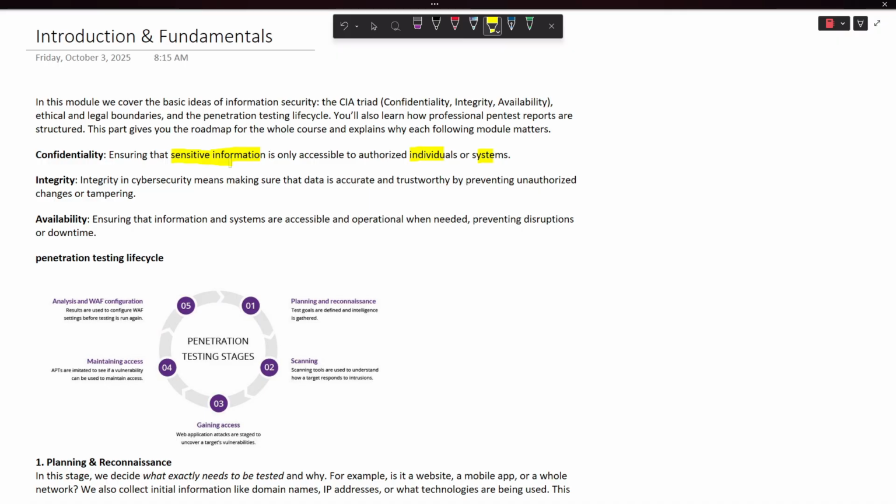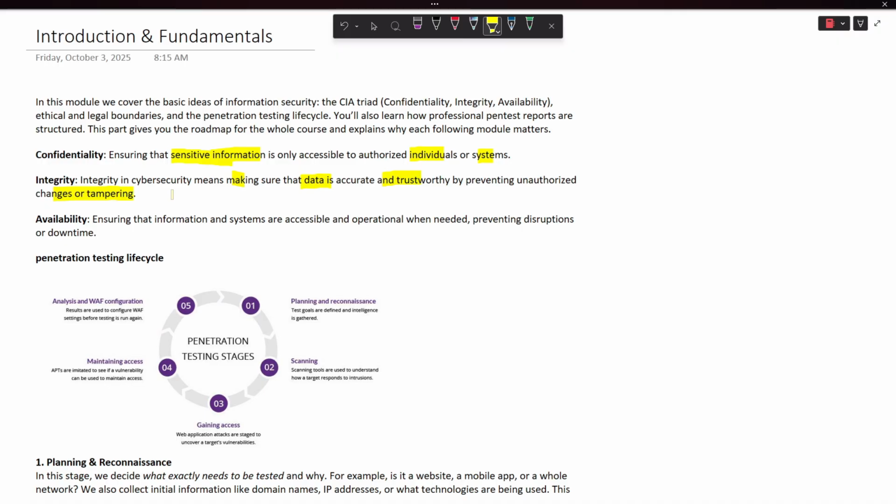There is an issue. Then we have integrity. Integrity in cybersecurity means making sure that the data is accurate and trustworthy, by preventing unauthorized changes or tampering. Any hacker or bad guy should not be able to tamper with or change that data.